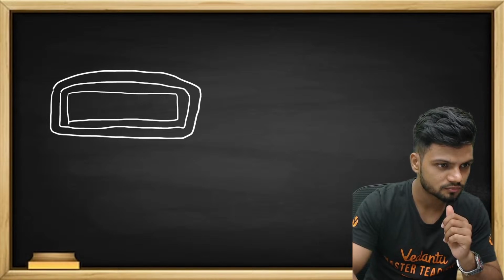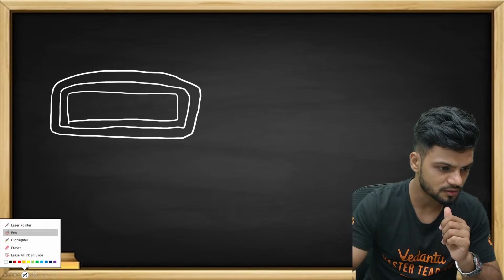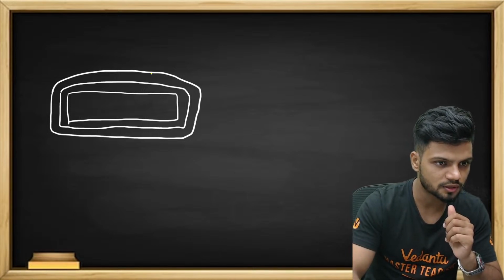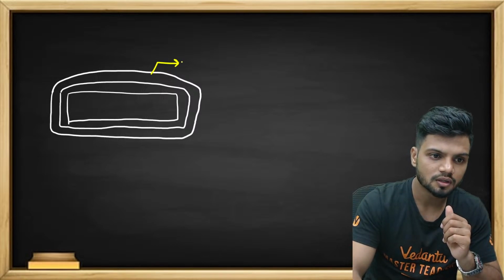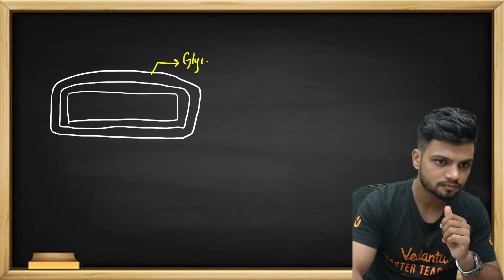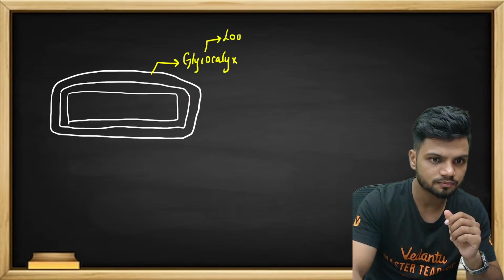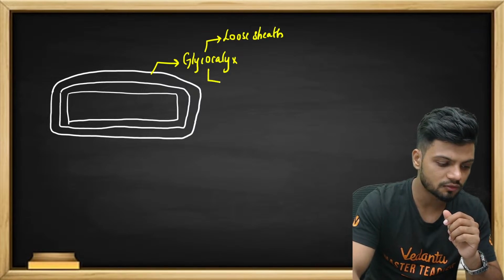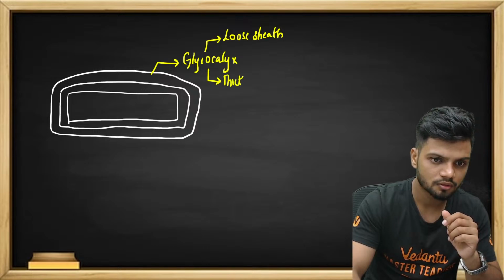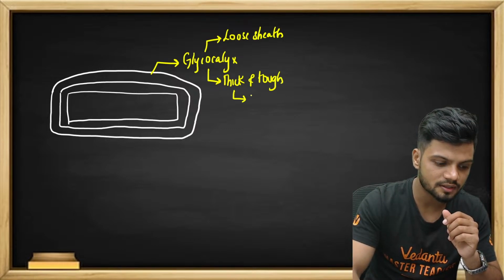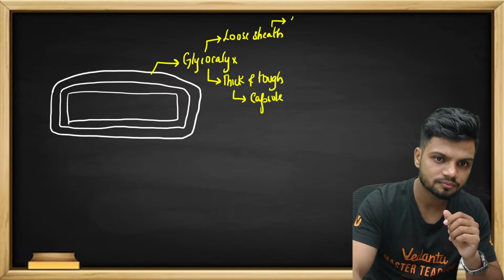The first one is the outermost layer, called glycocalyx. This outer layer glycocalyx can be present in the form of a loose sheet, or in the form of a thick and tough layer. When it is a thick and tough layer, it is called a capsule. A loose sheet is called a slime layer.